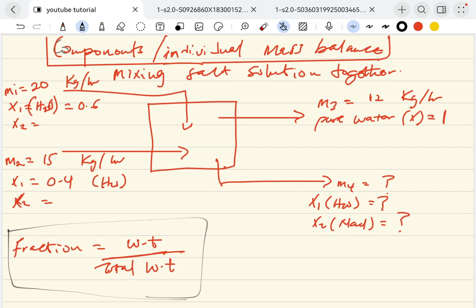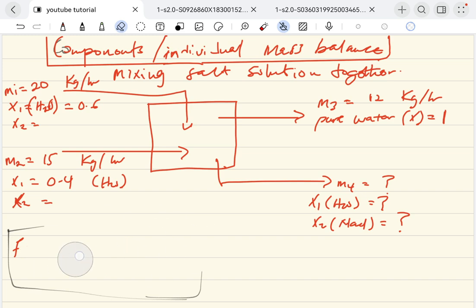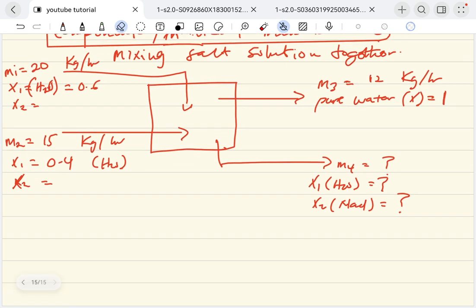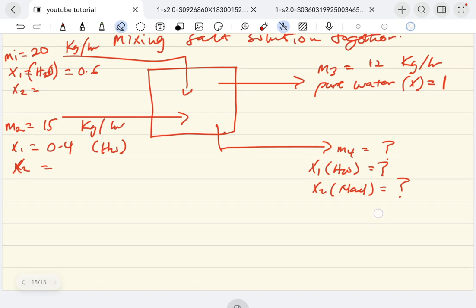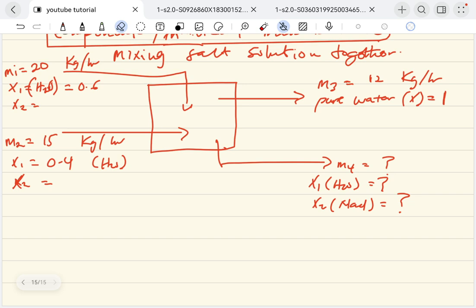So we are going to use the principle of mass balance and fraction combined here. Let's calculate the fraction at each and every one of the streams before we proceed to do our total mass balance and component mass balance.